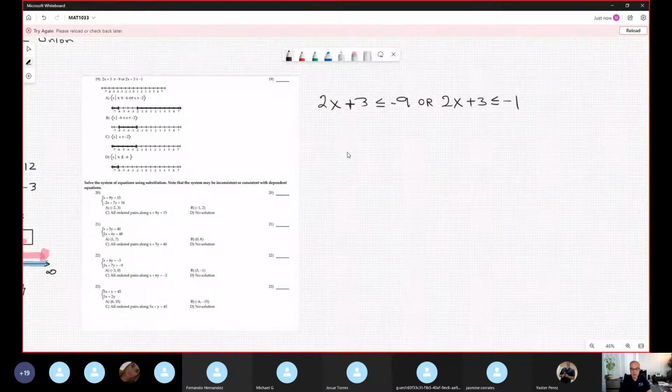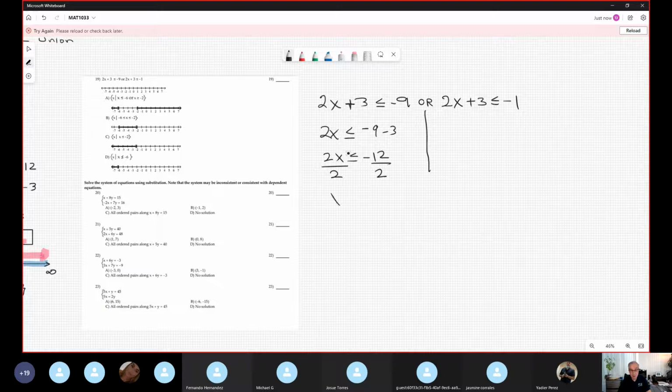You solve both inequalities separately, and finally we connect. So, 2x less than or equal to negative 9 minus 3. I'm moving 3 to the right-hand side. Opposite sign, negative. 2x less than or equal to minus 12, divided by 2. But 2 is positive, so it doesn't change the sign. It's less than or equal to minus 6.